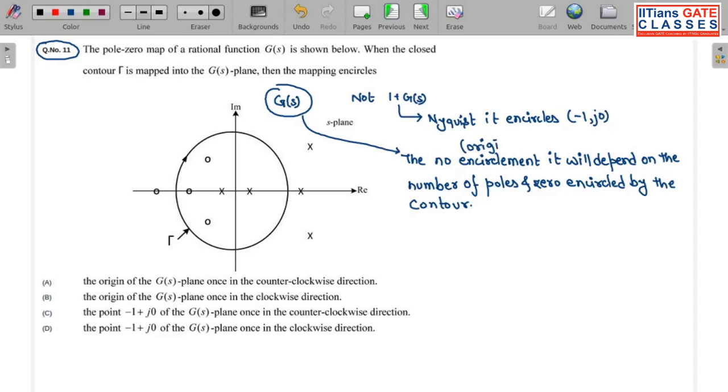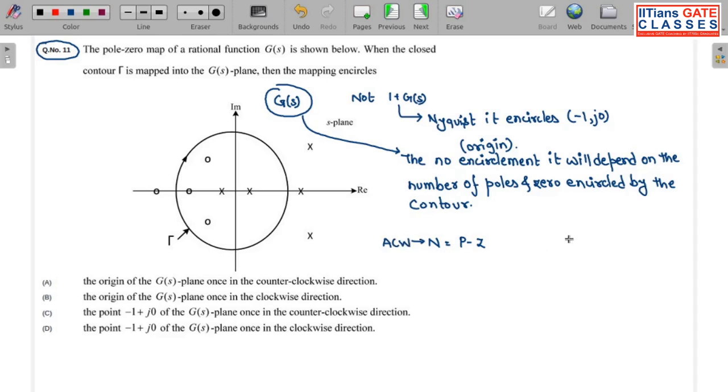Okay, remember this. And if I want to write the formula, N is equal to the number of poles that have been encircled minus the number of zeros that are enclosed by the contour, and this encirclement is in the anti-clockwise direction.